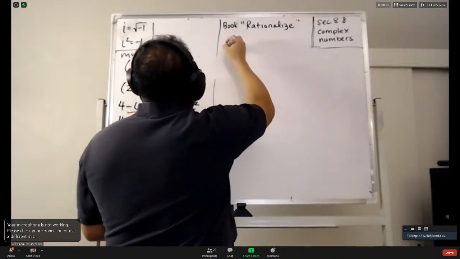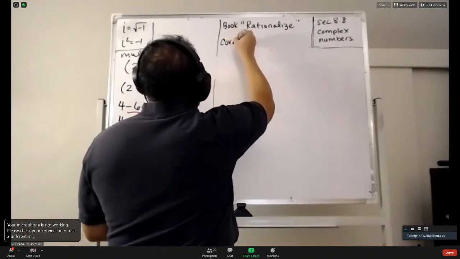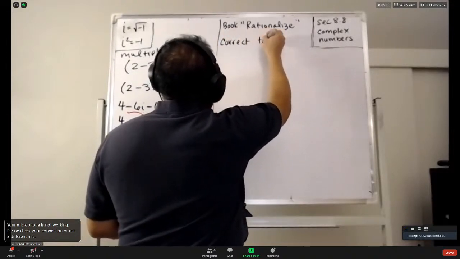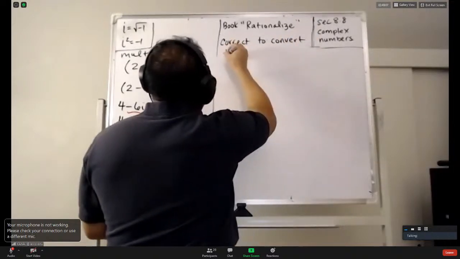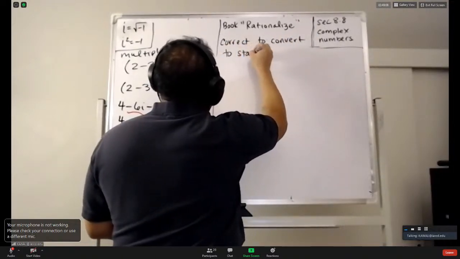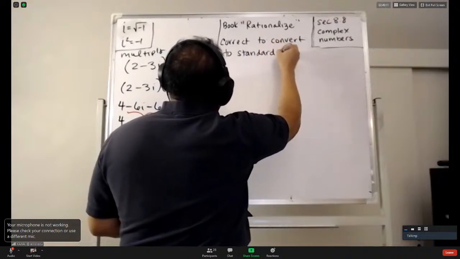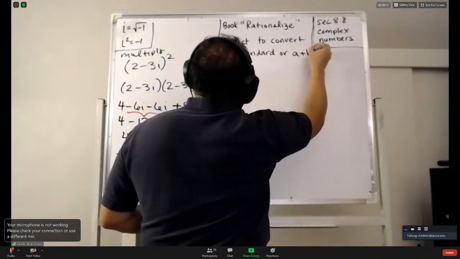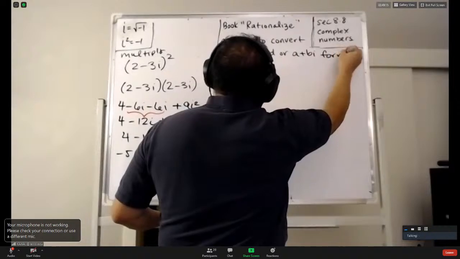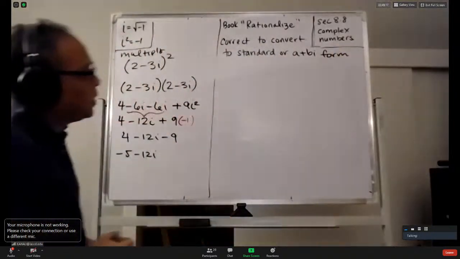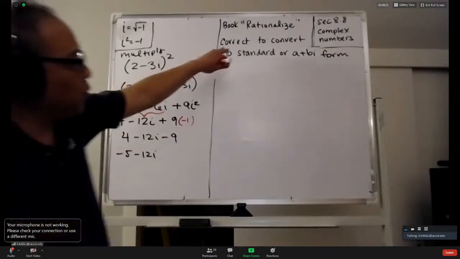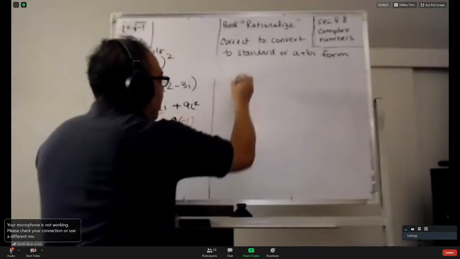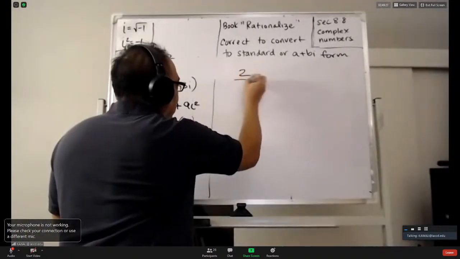Now, the correct way of saying this is to convert to standard, or a plus bi form. So your answer has to be something plus something i. That's the better way of saying it. Now, the problem looks something like this.